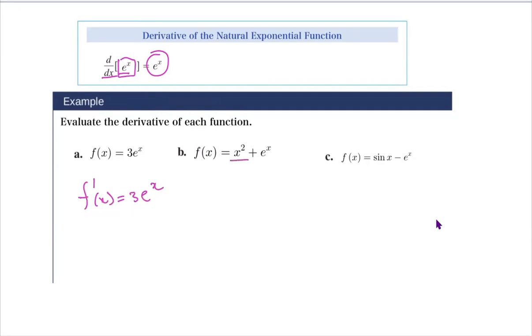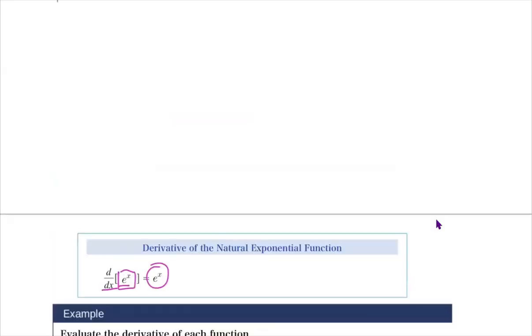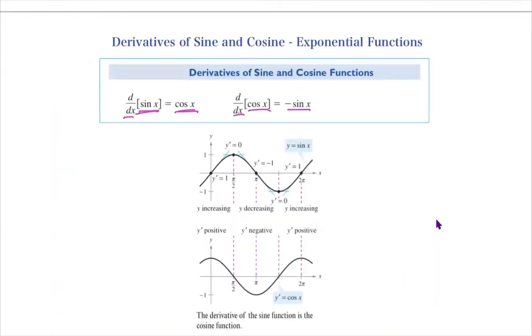For this one, power rule, f prime of x is 2x plus e to the x minus sine x.